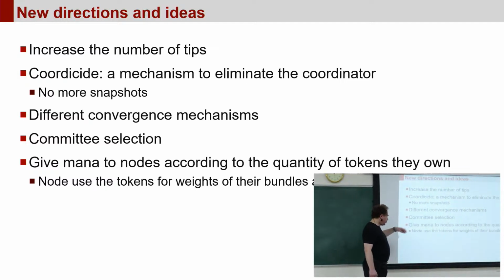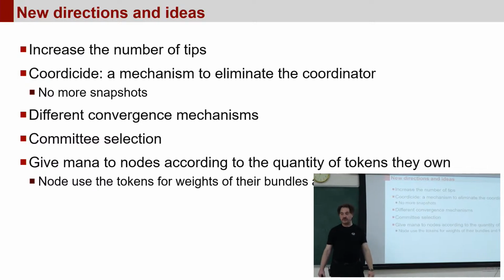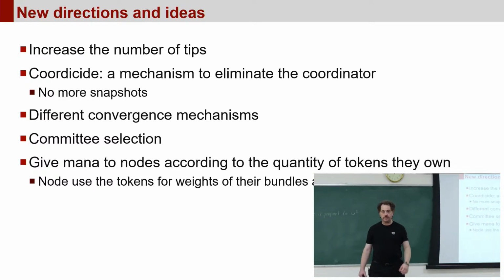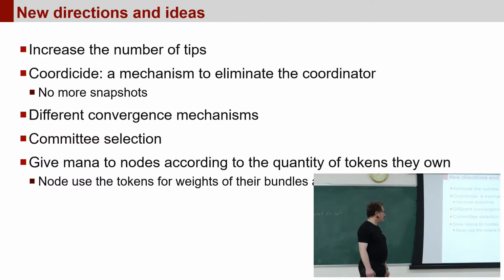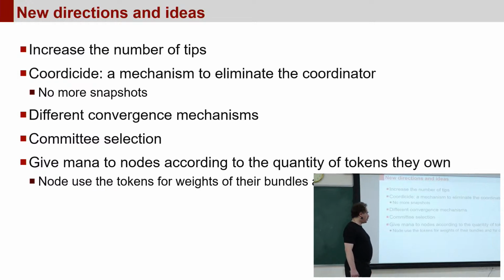A reputation system. They wanted to introduce a reputation system for individual nodes. The reputation system would give, for example, mana to nodes according to the quantity of tokens they own. So mana is like a reputation. It's similar to proof of stake, but it's different. And nodes would use the tokens for weights of their bundles and for committee selection.